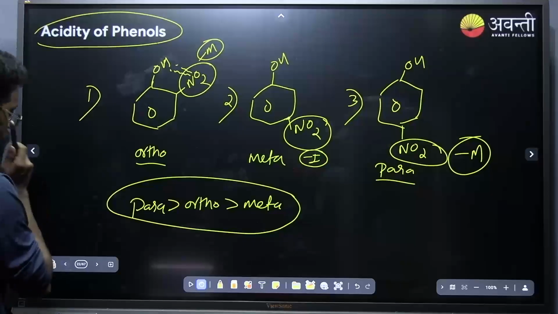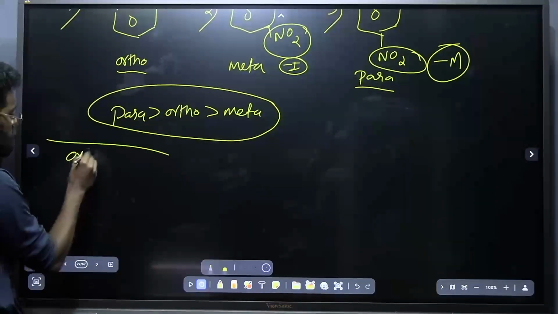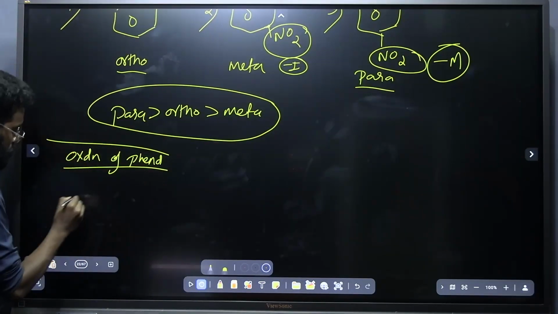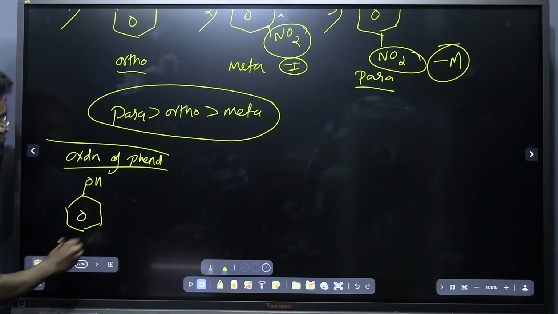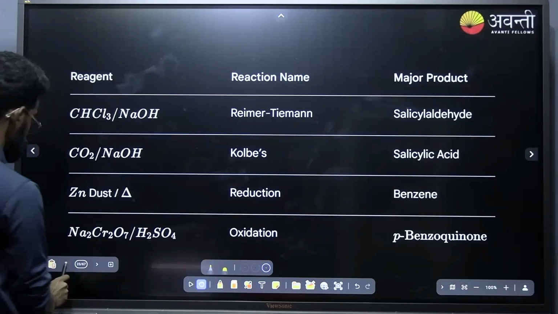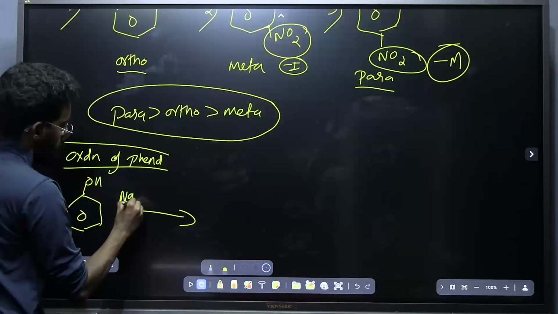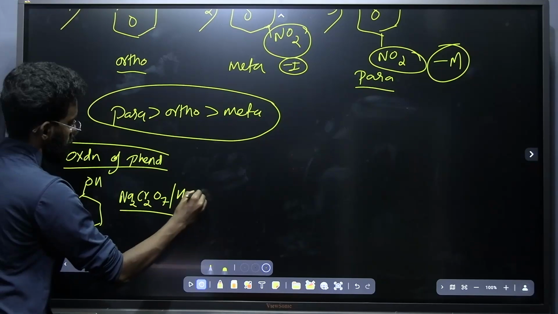Before going to one more point, I just want you to note down one oxidation of phenol, that is by using Na2Cr2O7 with H2SO4.